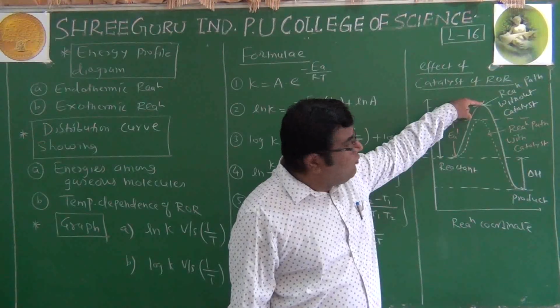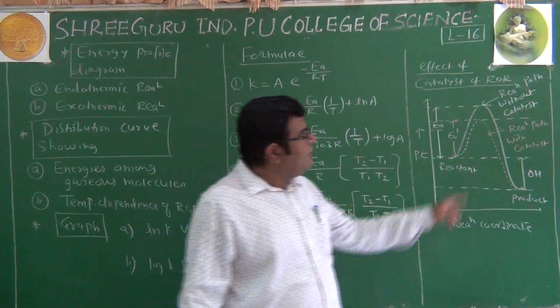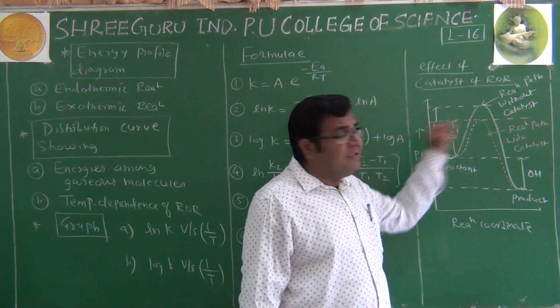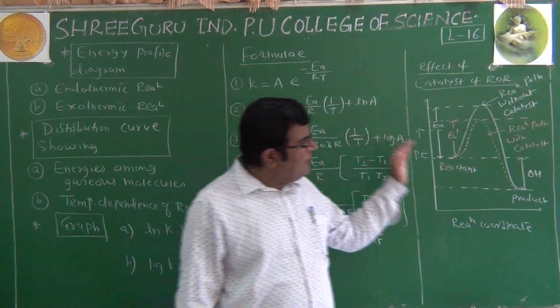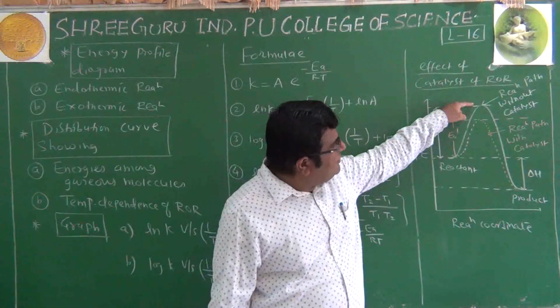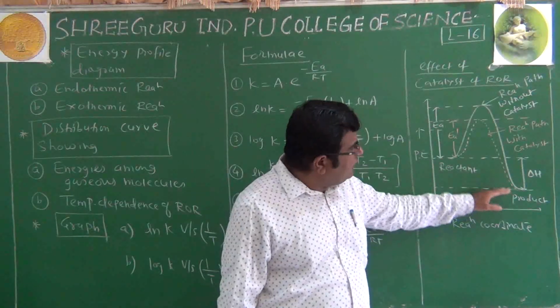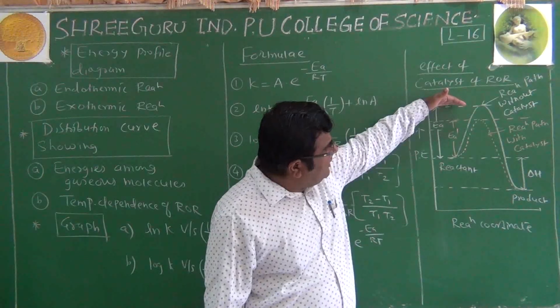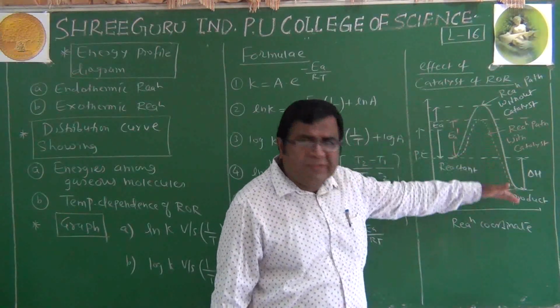But this activated complex, which is transitory and decomposes into product, its energy has been decreased. So in one sentence we should say that when we use a catalyst, it is believed that the catalyst decreases the activation energy between reactant and product. It is not only decreasing the activation energy of the reactant, it is also decreasing the activation energy of the product.